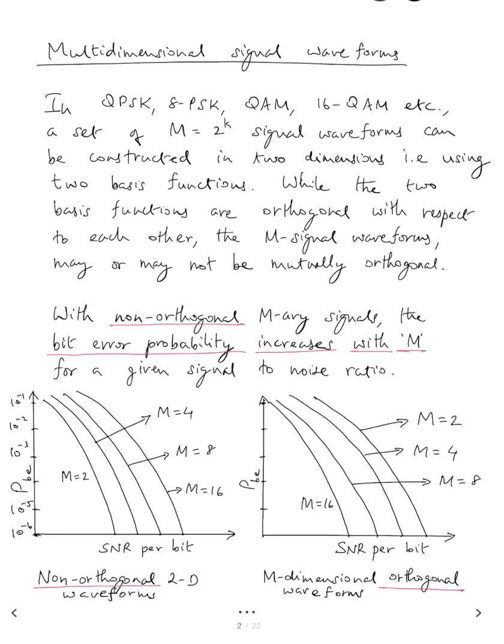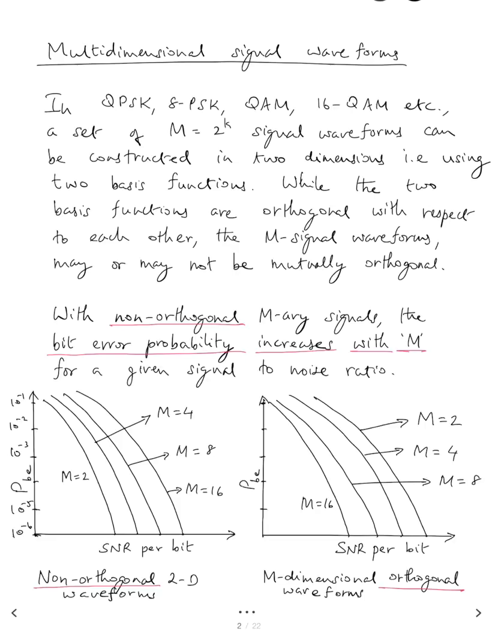So we can interpret this again in two ways. For a given signal to noise ratio, the error probability is lower as we increase m in the case of orthogonal waveforms. If it is not orthogonal, the result is quite the opposite.